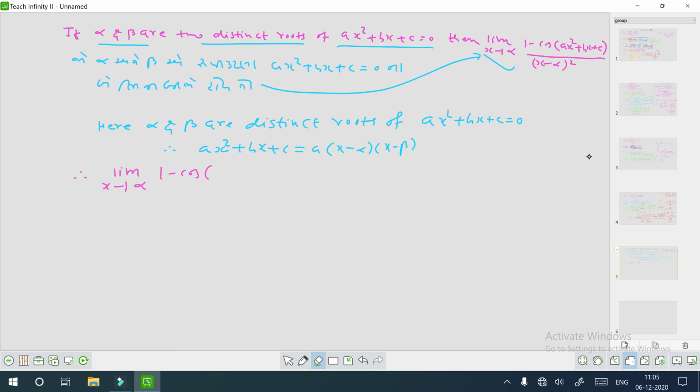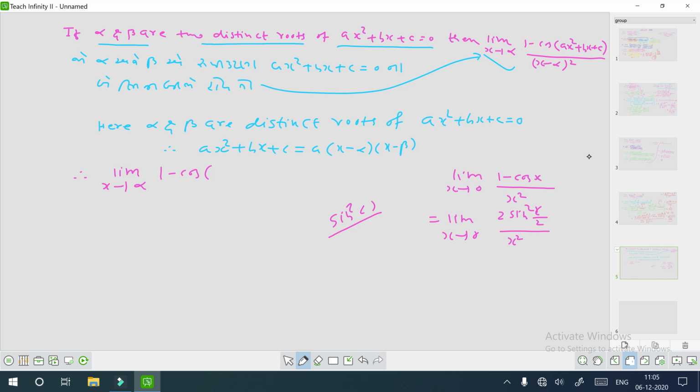See, limit x tends to 0, 1 minus cos x over x square. That is equal to limit x tends to 0, 2 sin square x by 2 over x square. What do we need?